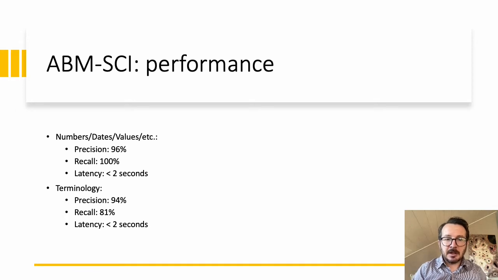As far as the terminology is concerned, the precision is a little bit lower, 94%, and the recall is quite lower, 81%. And this is an area where we have to work on and improve the tool. Latency is the same as for numbers, under 2 seconds.